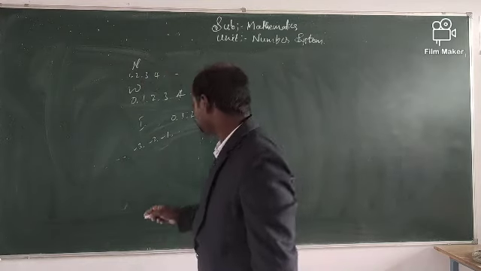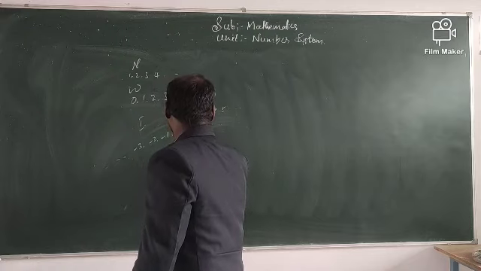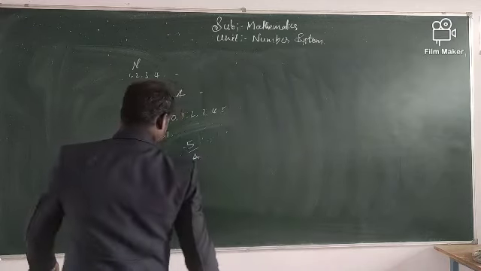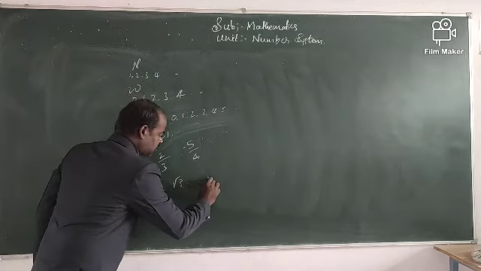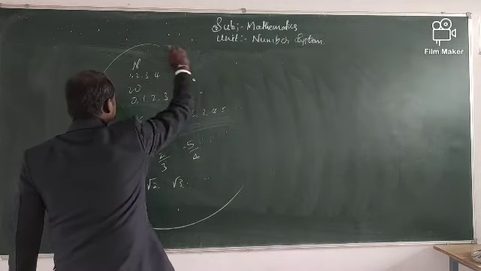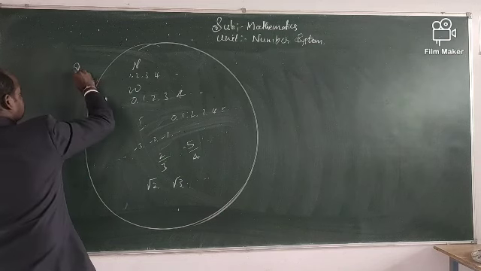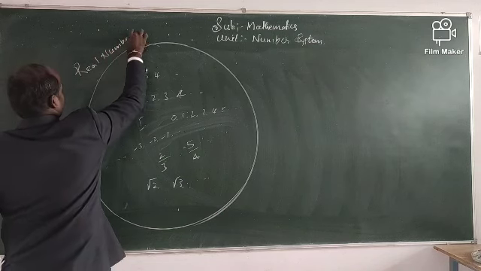Along with the rational numbers 2 by 3, -5 by 4, etc., and also irrational numbers root 2, root 3, and so on. All these together we call real numbers.